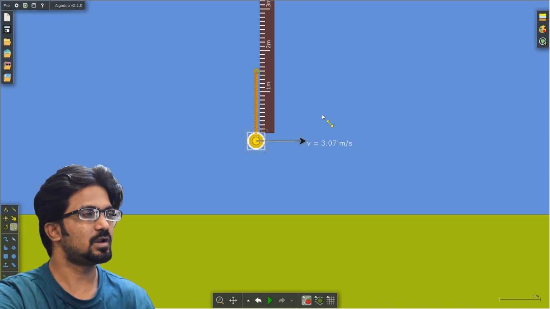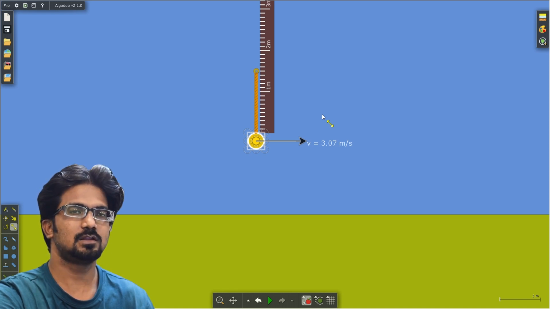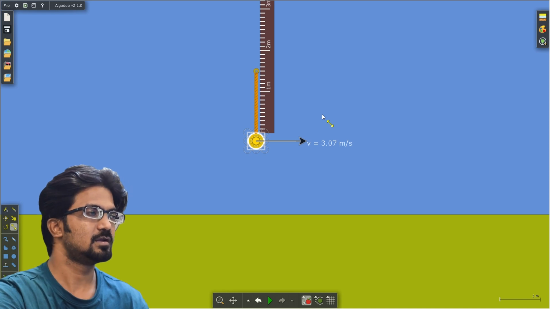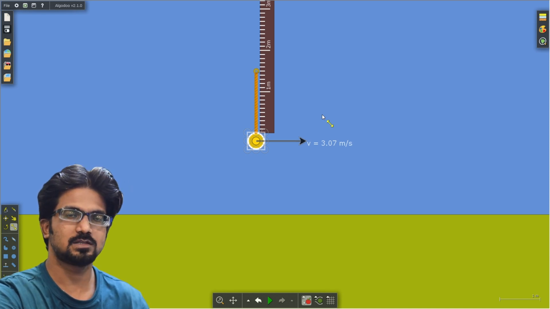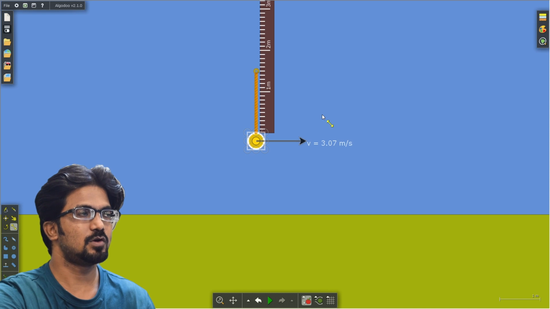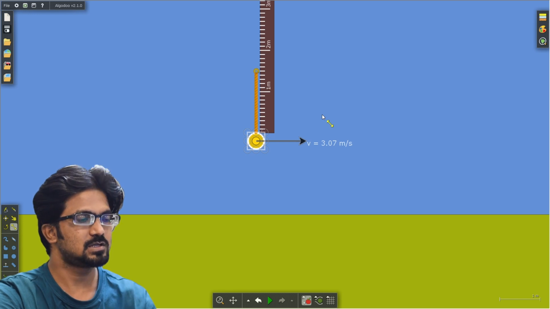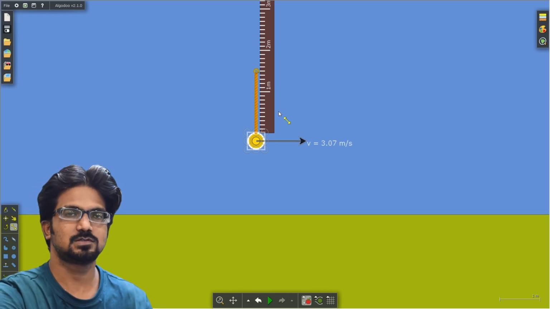So if we calculate root of 5 multiplied by 9.8, the acceleration due to gravity, and 1.5 meters, the radius of the circle, we are going to get a value nearest to 8.5, as we have seen.